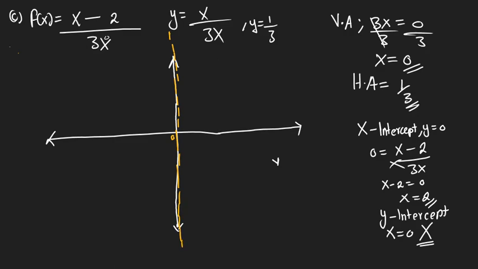That is our vertical asymptote. Horizontal asymptote, where is it? It is at 0 point something. 1 divided by 3 is 0.3. So it is somewhere here.